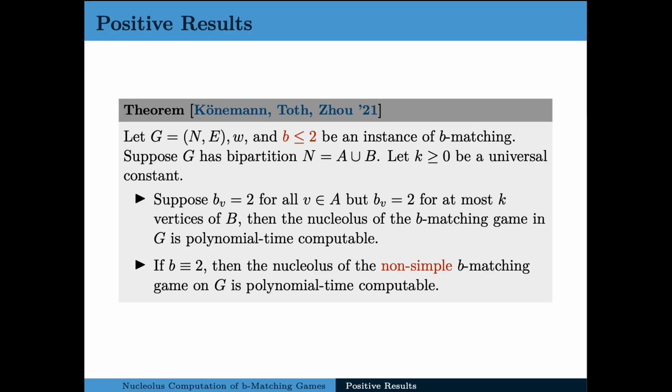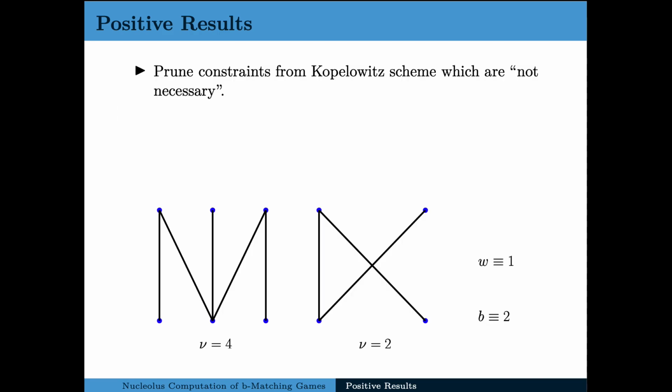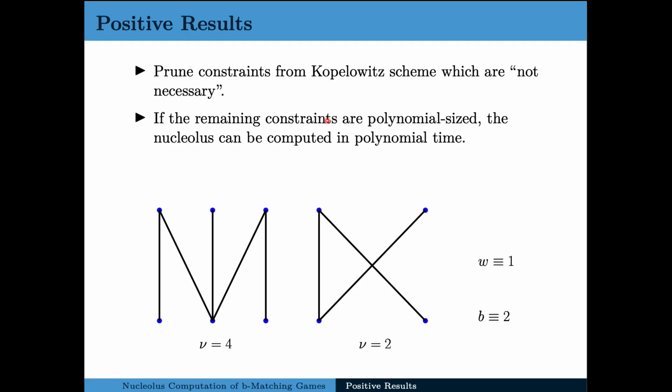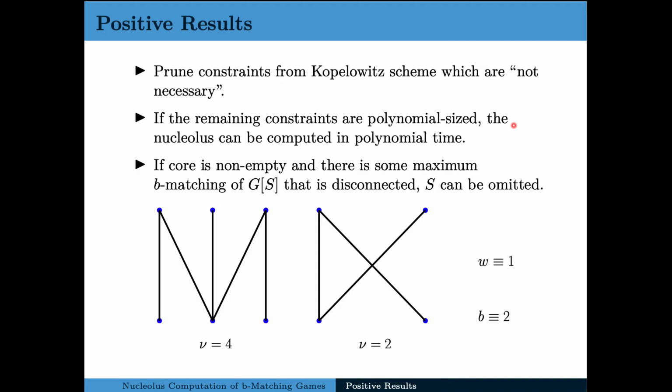Let's also talk about some positive results. The problem with the Kopelowitz scheme is that there are too many constraints. So why don't we just remove some that are not necessary? If the remaining constraints are polynomial sized, then the nucleolus can be efficiently computed.